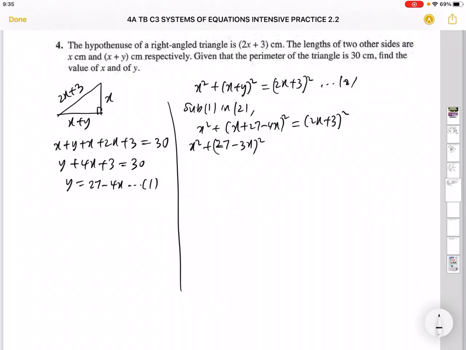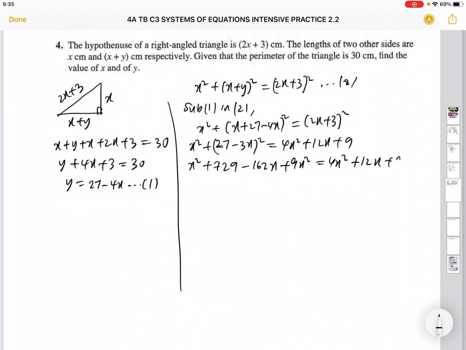You may want to expand this first: 4x squared plus 12x plus 9. 27 squared, big number, 729, minus 3 times 27 times 3, 162x, and 9x squared equals 4x squared plus 12x plus 9.